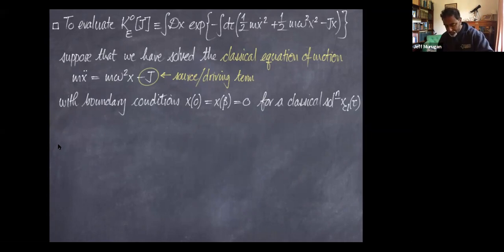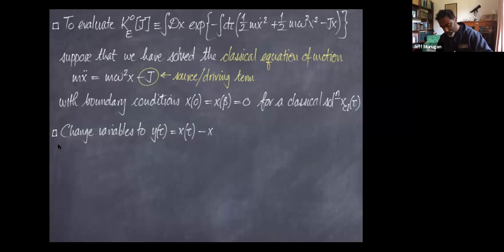Well, now suppose given that classical problem, I make a change of variables. I'm going to change variables from x of tau to y of tau, which is x of tau minus x classical of tau.